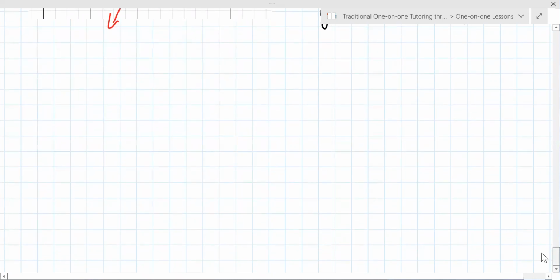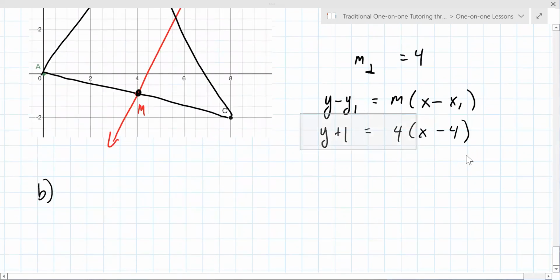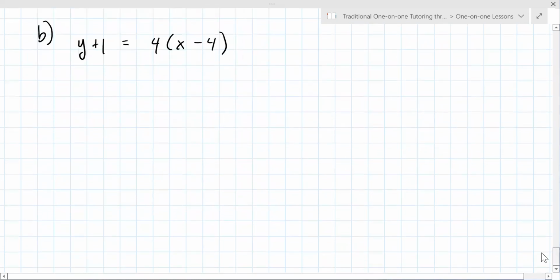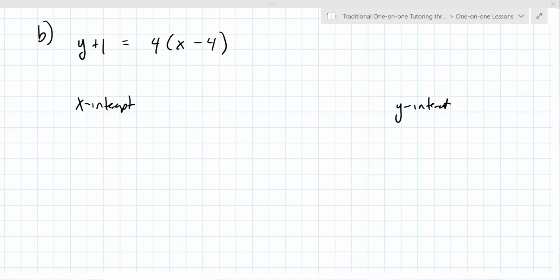And then part B, we're going to use that equation to solve for x, make y zero. So why don't you find the x-intercept and the y-intercept? X equals 17 over 4. Yes.